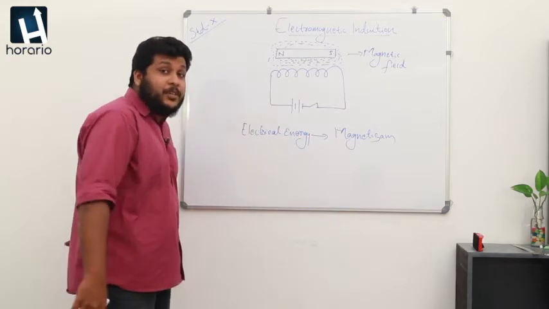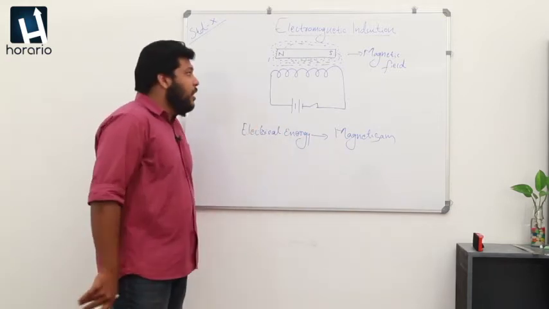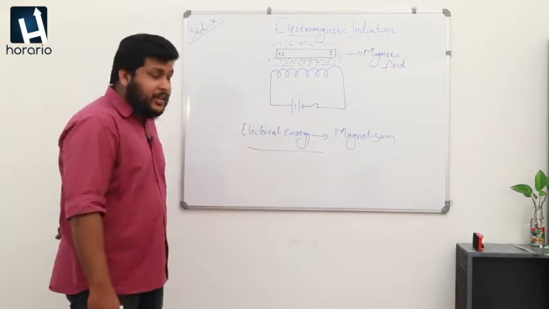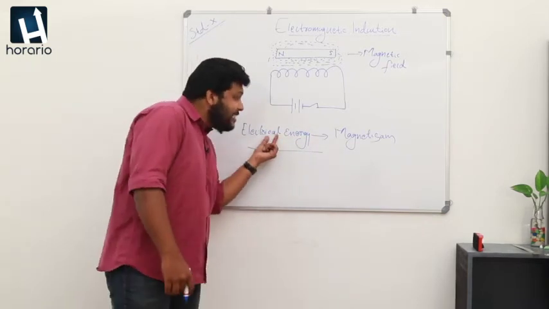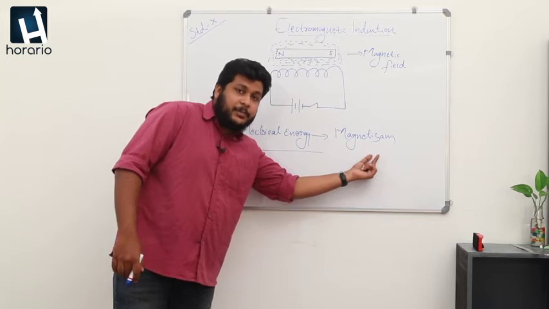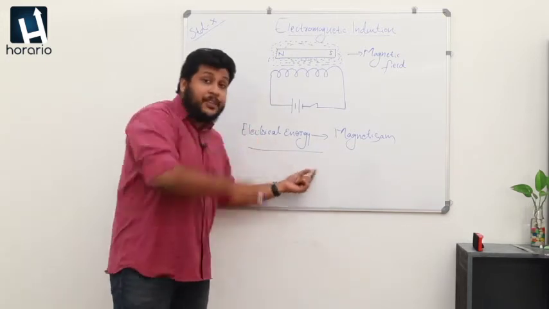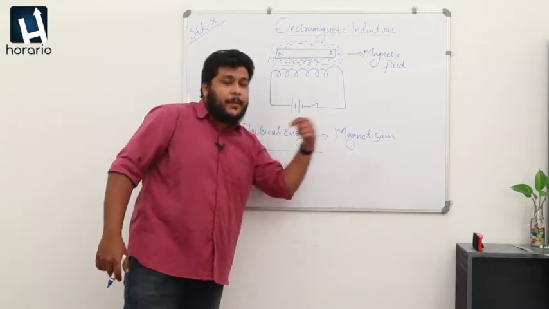Electrical energy can be converted into magnetism. So if electrical energy can be converted into magnetism, we can also produce electrical energy from the magnetic property of a material.